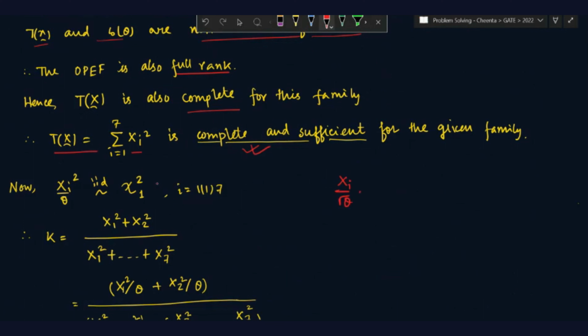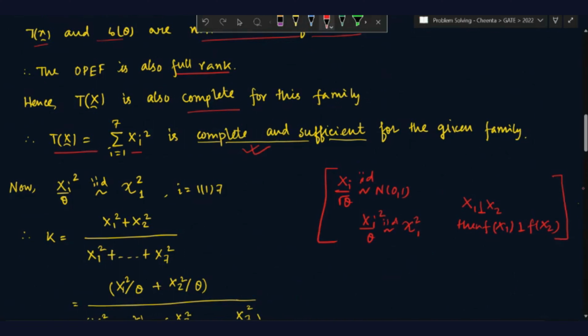Now we also have Xi by root over theta, which will follow normal 0, 1 IID. Hence Xi square divided by theta will follow chi square 1 IID. This is because if X1, X2 are independent, then for any function f, f(X1) is independent of f(X2). Here f(x) is x square, so we can say this by this theorem. So Xi square by theta follows chi square 1 IID for i equal to 1 to 7.